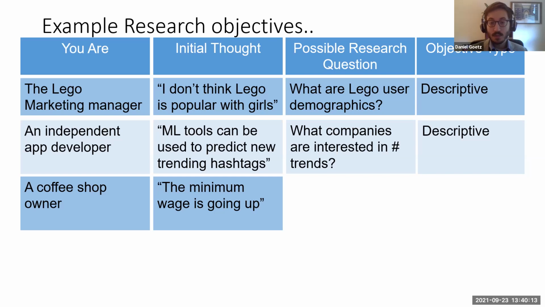So we have this question that I think a lot of you were writing in chat before I lost it. How will consumers respond if I raise prices? So can someone jump in and tell me what kind of research objective would that be?